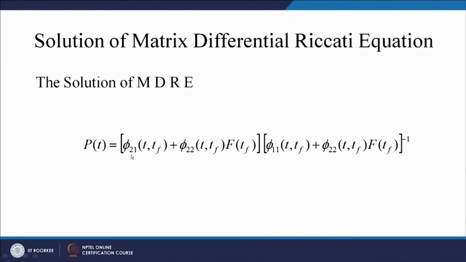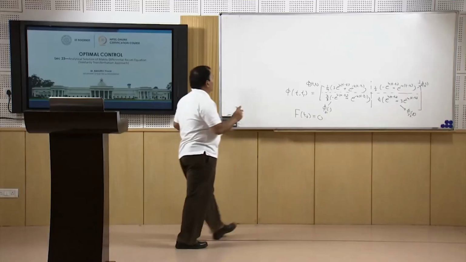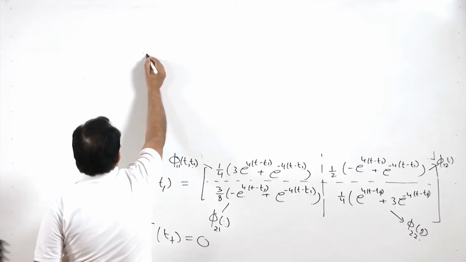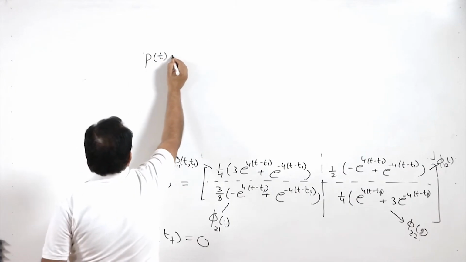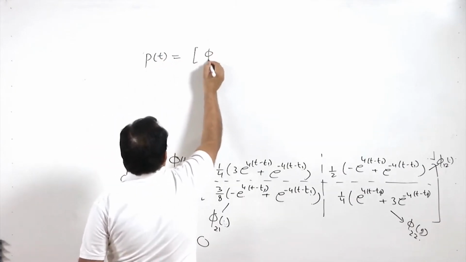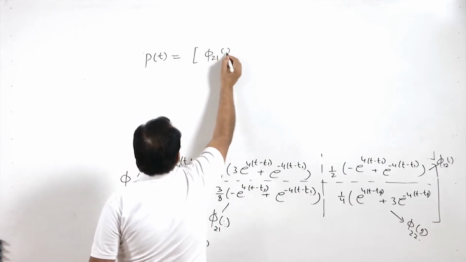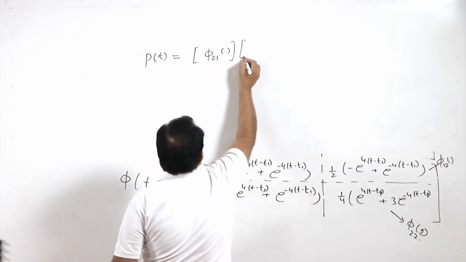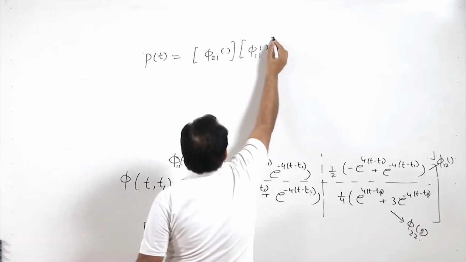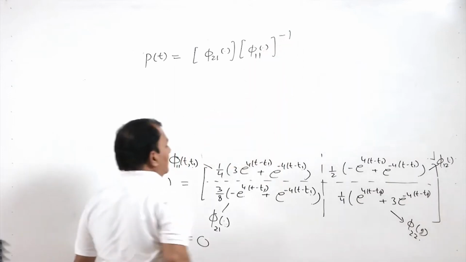So, my P t is phi 21 multiplied with the phi 11 inverse. So, P t I can directly write as phi 21 phi 11 inverse.